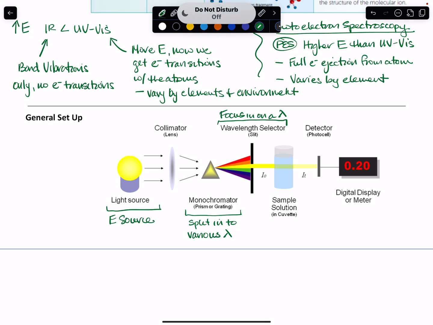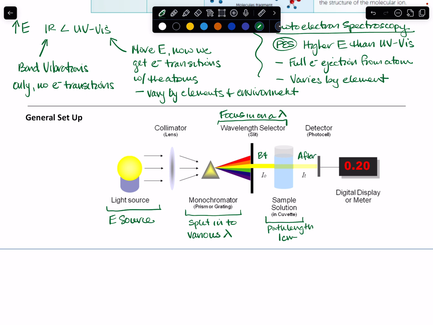The light then shines through your sample, which is in some sort of cuvette. And within this cuvette, there's going to be a path length. It's usually 1 centimeter. Most of the cuvettes that we use in lab are going to be 1 centimeter, but can be smaller, it just depends. And this is going to be I0, the light before it goes through, and IT is after.